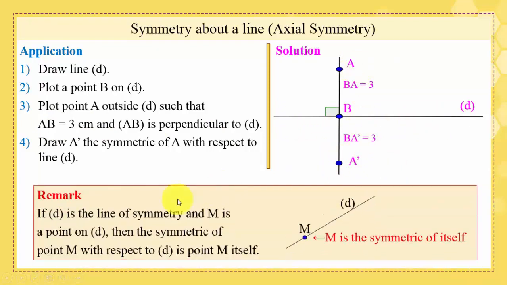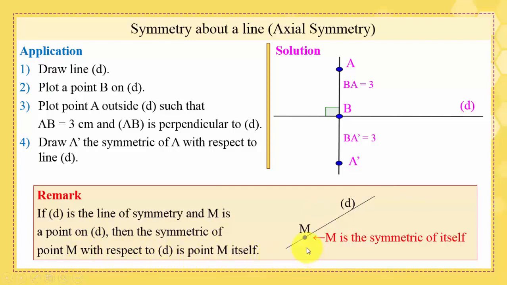Remark. If line D is a line of symmetry, look here, this is line D, and M is a point on D. The object now is on the line of symmetry. Then the symmetric of point M with respect to D is point M itself.